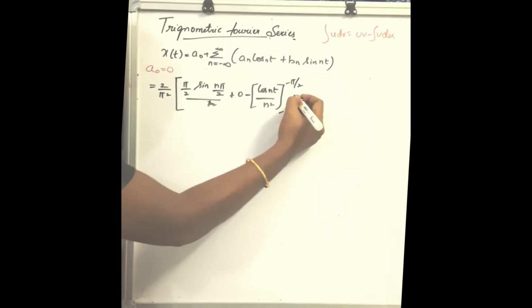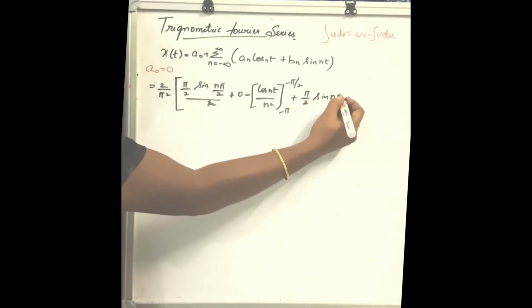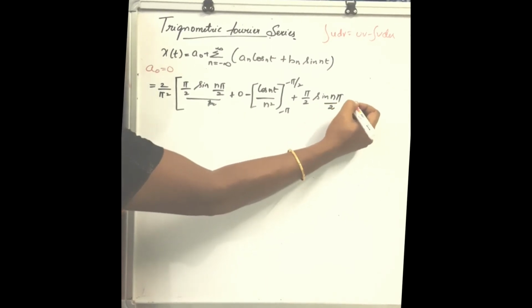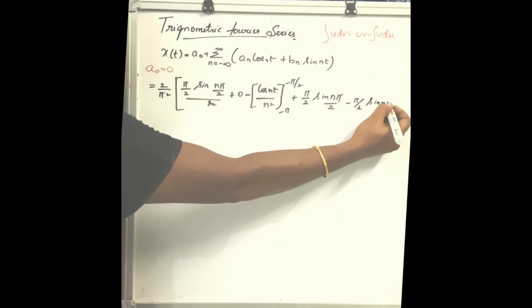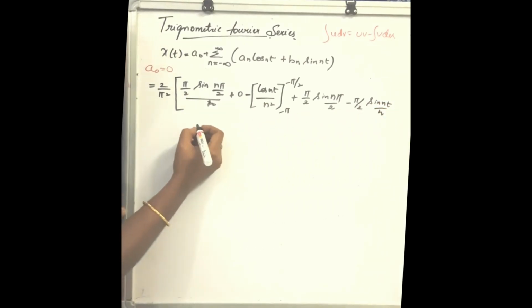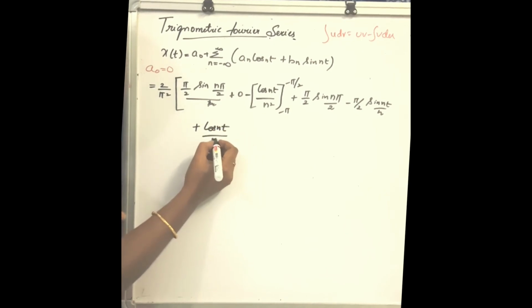Then again you have pi by 2 sine n pi by 2 minus pi by 2 sine nt by n, plus, it's a big term so I am writing it below, by n square.